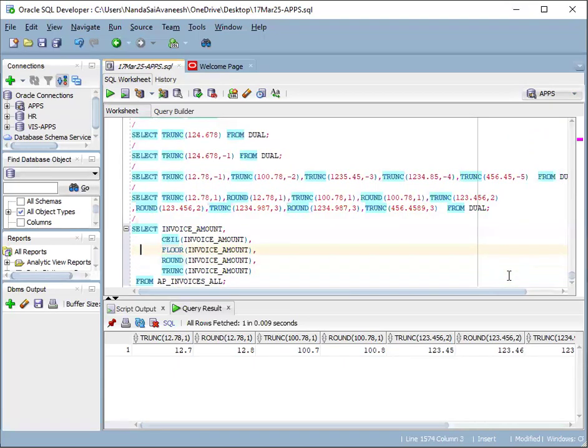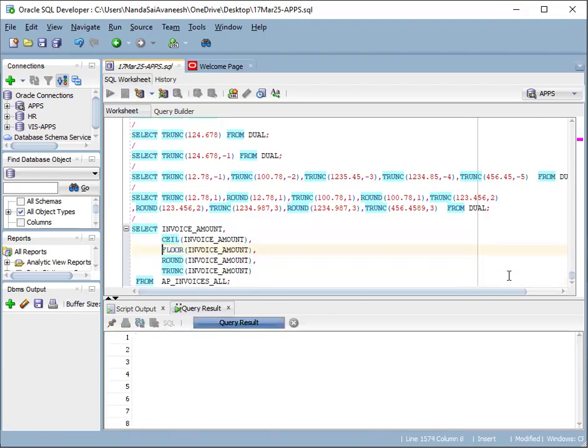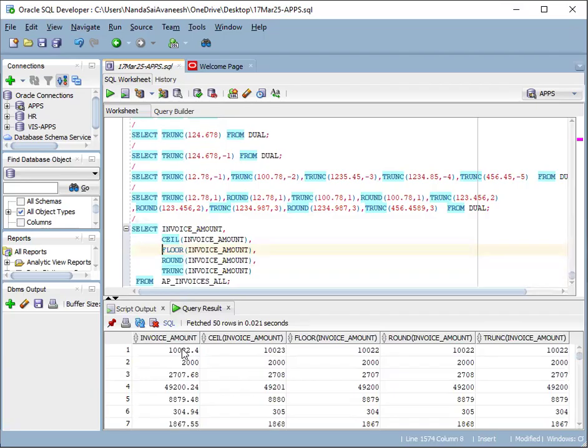If you want, you can add the power and mod functions also, but here I'm just using these functions. So this is the invoice amount.